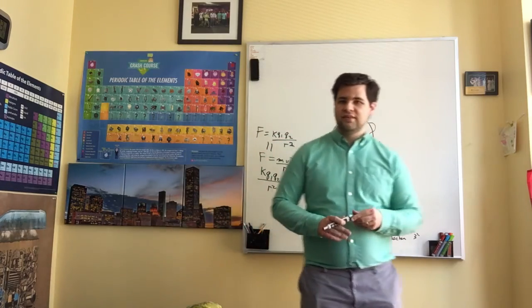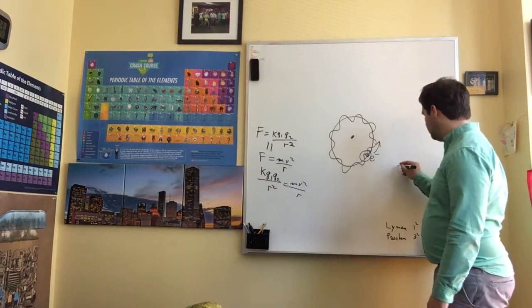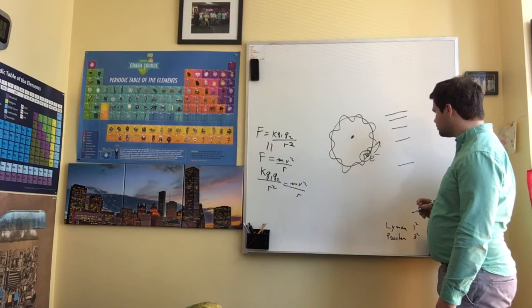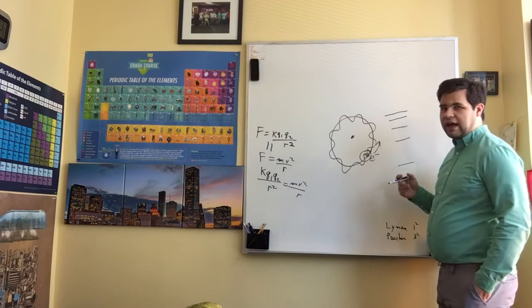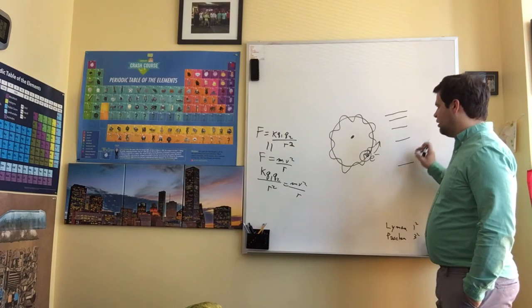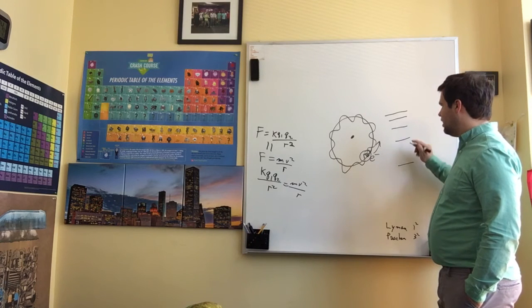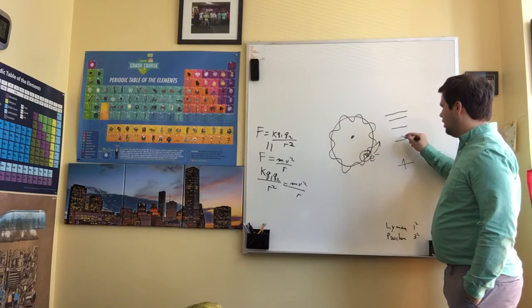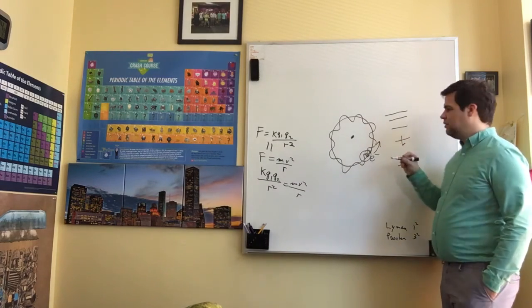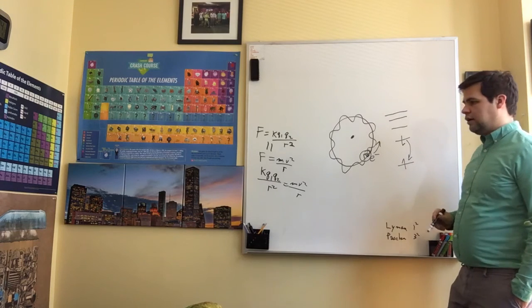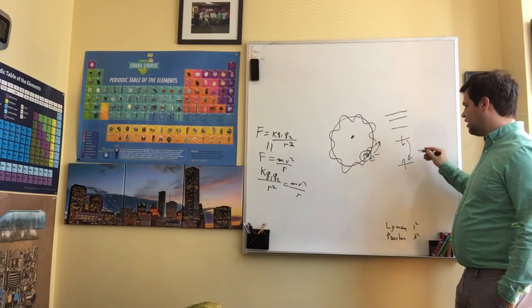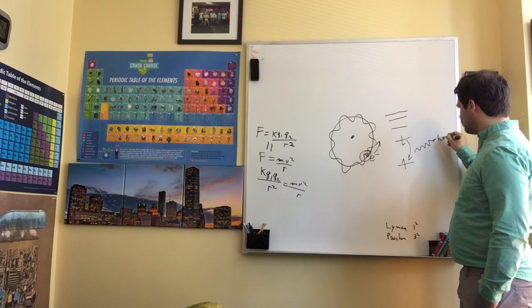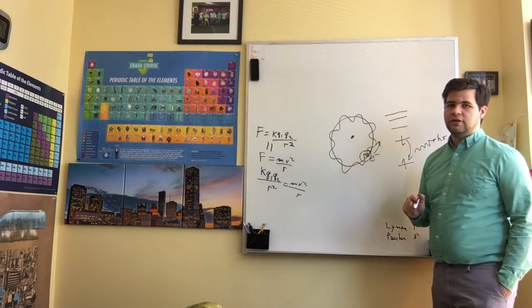So the way that it makes sense is you get these energy levels out, and they would look like this. So what you have when the light is emitted is you have some electron here, and you have another electron above it, and these electrons fall down and emit light with some frequency.